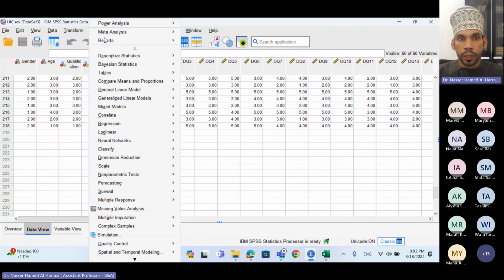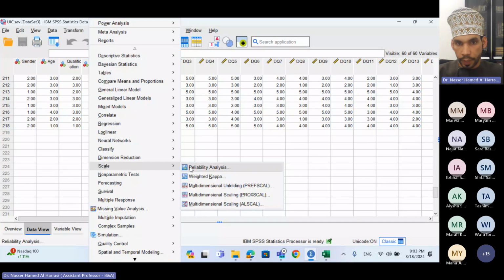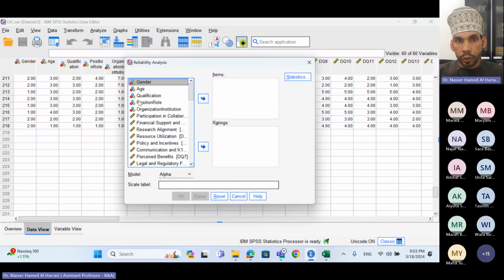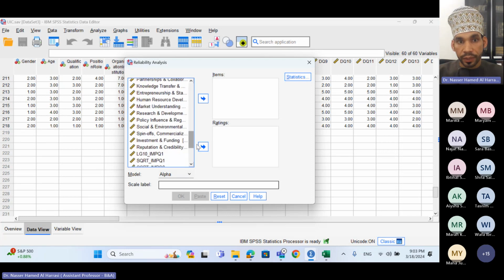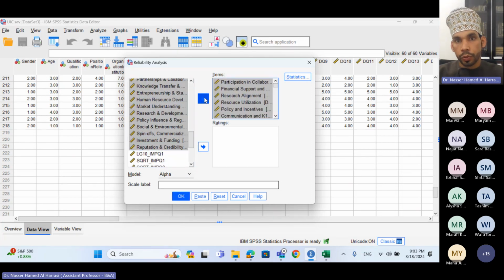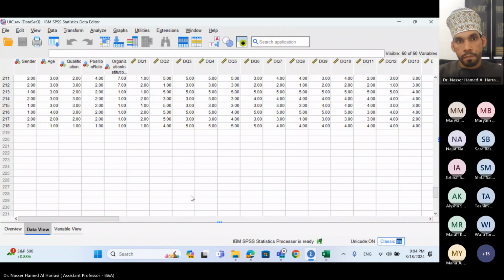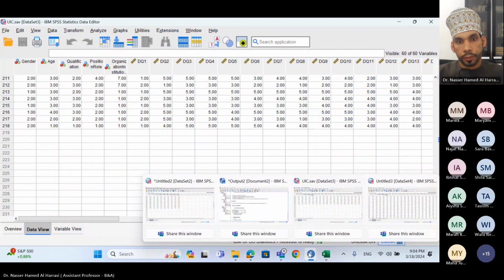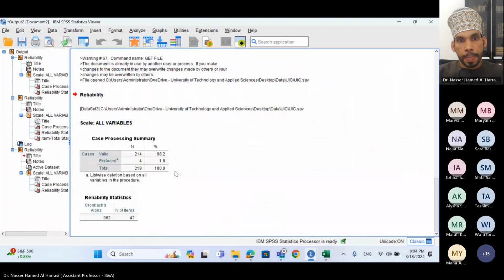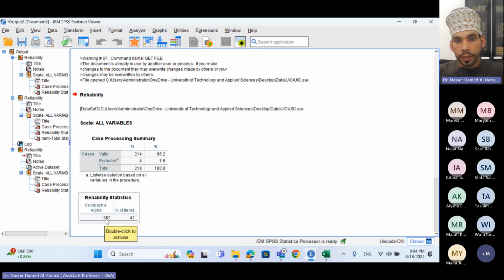And many items. Now, if I would like to check the reliability, I will go to scale, reliability. Then, as I said, we cannot include the demographics. We move immediately to the variables, the factors. Then we select all of them, bring them here, and click OK. See the reliability here, Cronbach alpha 0.98, which is more than 0.7.